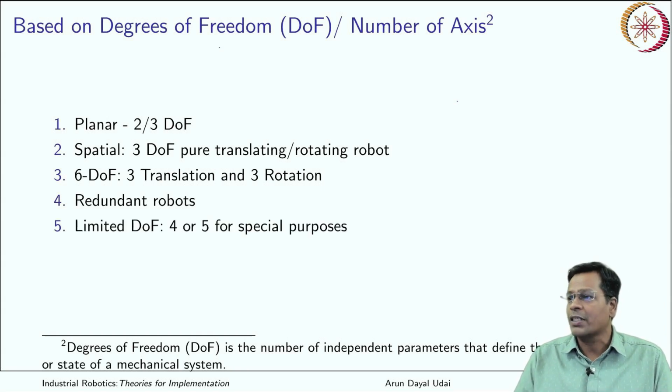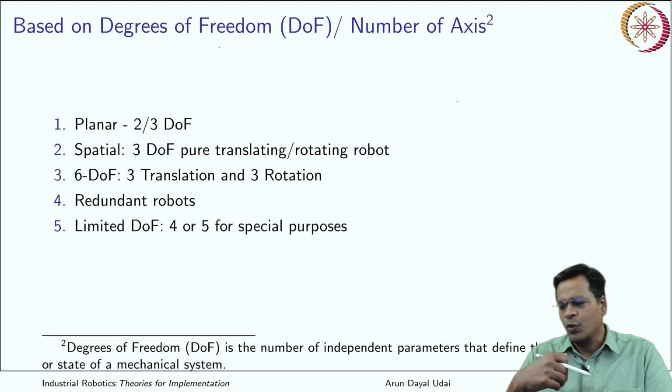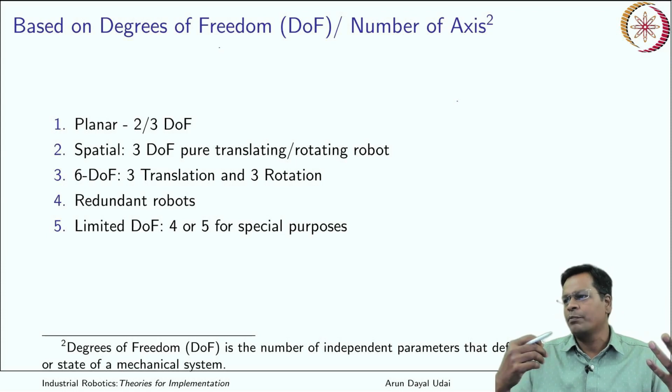There are a few special kinds of robots which have just 4 degrees or 5 degrees of freedom. You don't need to have all the degrees of freedom for any kind of job. Like for your engineering drafter, you just needed 2 degrees of freedom. You don't want 3 degrees of freedom. You know you have to be on that plane all the time. So you don't want to have more than 4 or 5 degrees of freedom, right?